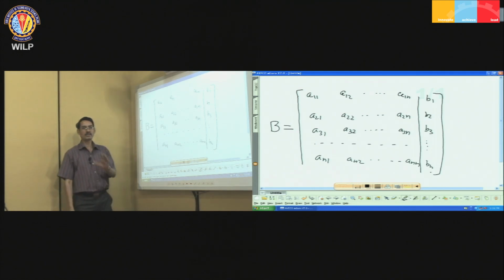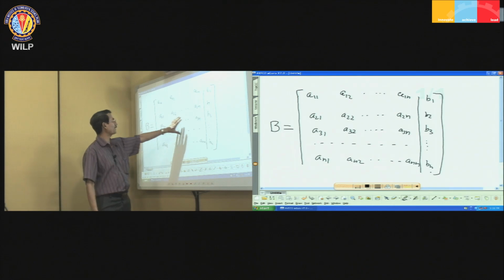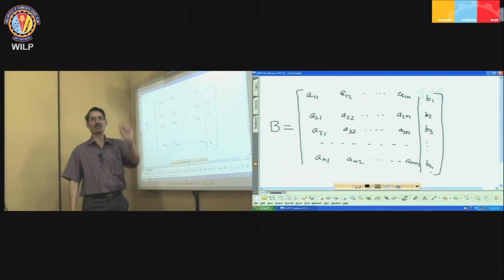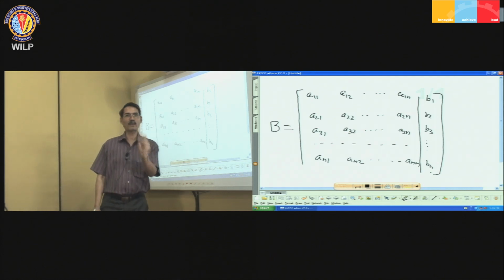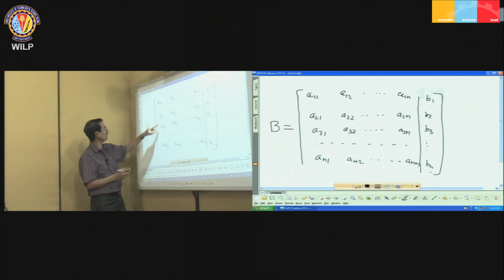Okay. So let us see how we are going to convert the coefficient matrix A into an upper triangular matrix. The first step is to choose the pivot element. What is the pivot element? Look at the first column: A11, A21, A31, A41, An1. See which one is numerically largest.